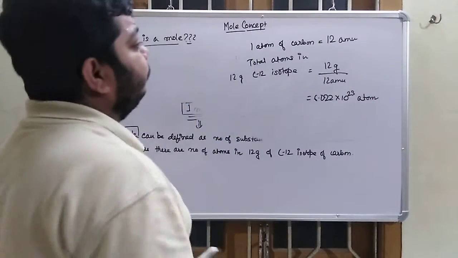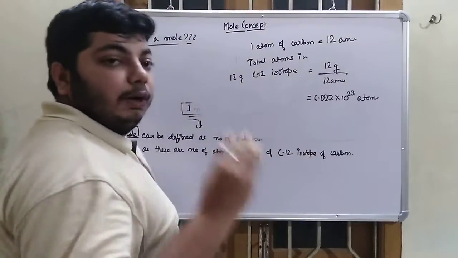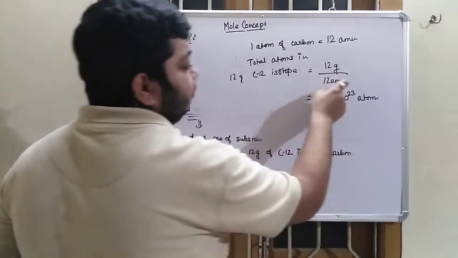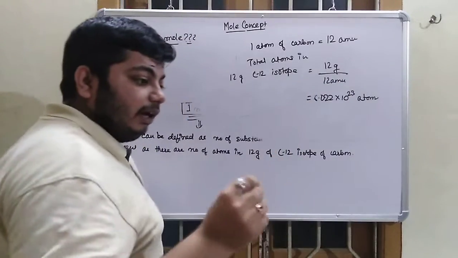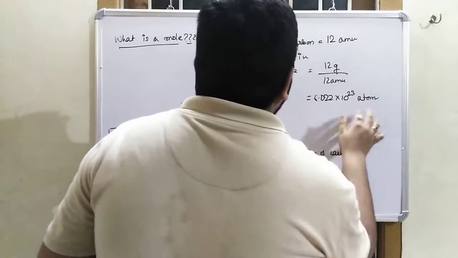What we have done here is we have divided the total mass, that is the 12 gram, by mass of one individual atom, that is 12 AMU, 12 atomic mass unit, which comes out to be 6.02 into 10 to the power 23.